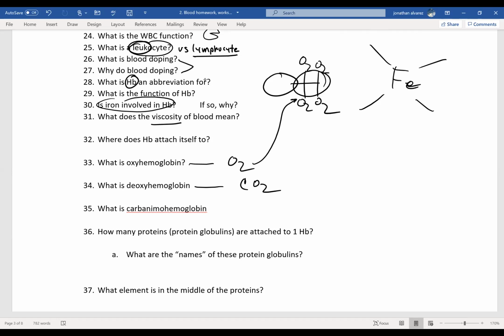And carbaminohemoglobin has to do with the combination of oxygen and hemoglobin at the tissue site.